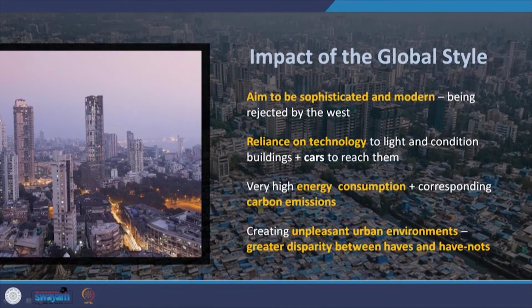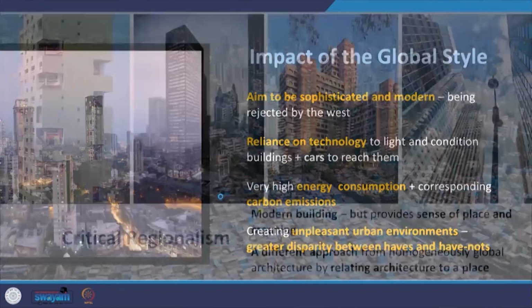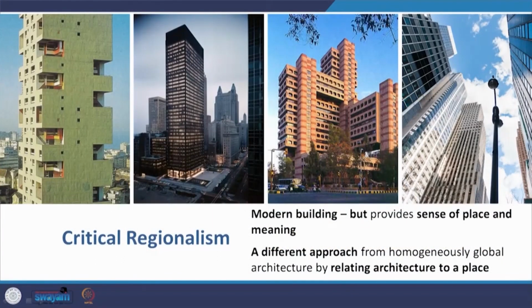If you look at this picture in the background, you find these fine houses for the rich and these slums for the poor in Mumbai. So though on the one hand the rich are getting better and better facilities, the poor are on the much lower side of the spectrum economically.